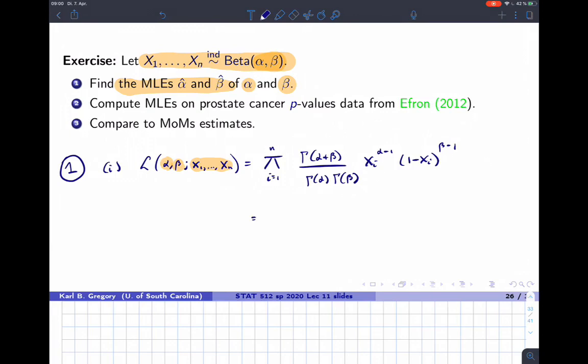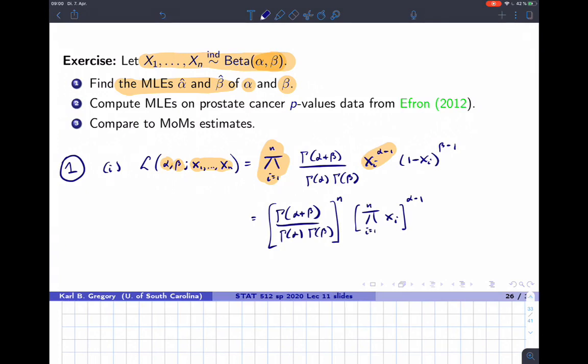Simplifying this, we get this whole business raised to the power n, and then applying the product to this part, we can write that as the product of the xi's raised to the power alpha minus 1, because it's like x1 to the power alpha minus 1 times x2 to the power alpha minus 1, and so on out to xn raised to the power alpha minus 1.